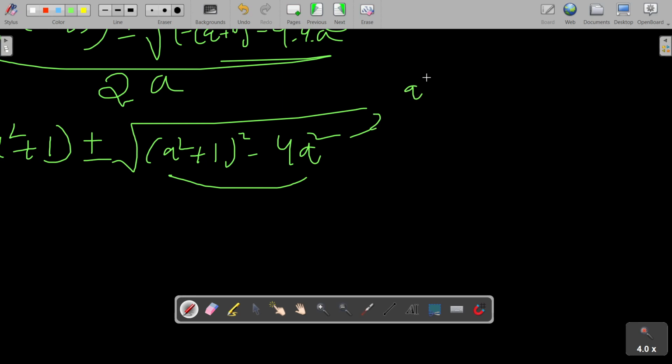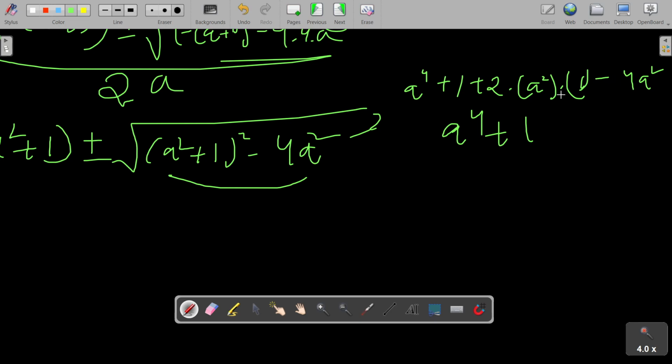So let me write down like this. a square whole square is a power 4, and 1 square is 1, plus 2 into a square into 1, that is 2a square, minus 4a square. So a power 4 plus 1, and this becomes 2a square minus 4a square, which is minus 2a square.